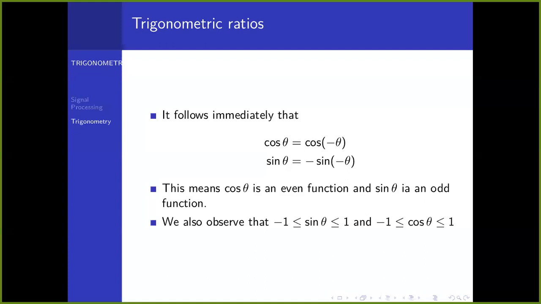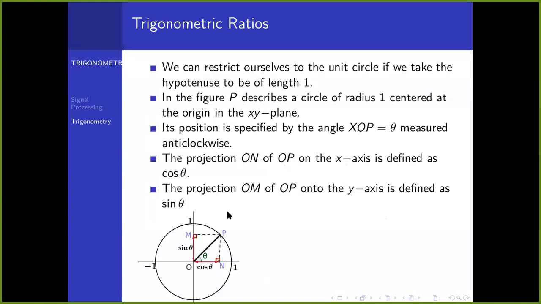Another thing you will notice if you compute the ratios in this form is that since the length of the radius is 1, the sine cannot exceed 1. It can also not go below negative 1. The same with the cosine. It cannot exceed 1, and it cannot go below negative 1.